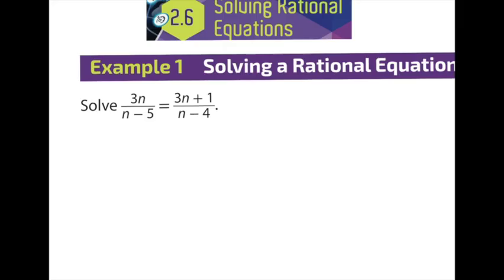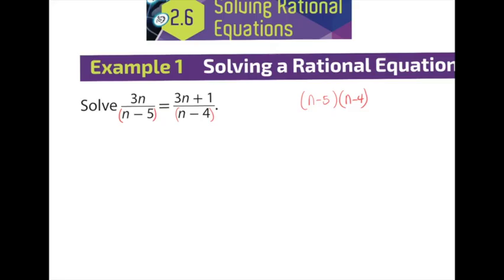So if I were to look at this, I would say, well, this denominator is n minus 5. This denominator is n minus 4. So my common denominator is going to be n minus 5, n minus 4. If I multiply everything by that, I will get rid of all my denominators because I have taken every piece and put them together.